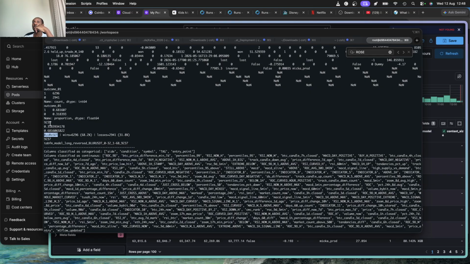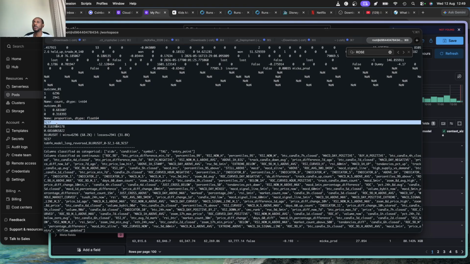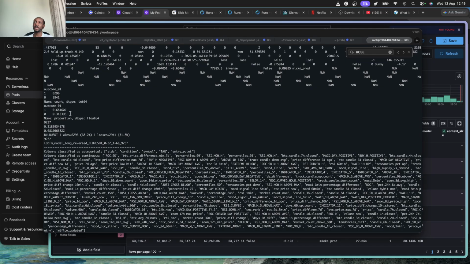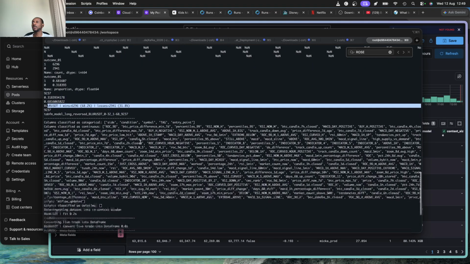Blur has 9,000 rows. I'll do the cross checking now, but it has 5,000 rows, and you've got your distribution there. It's a 68, 31. Not bad. You have some statistics there as well.